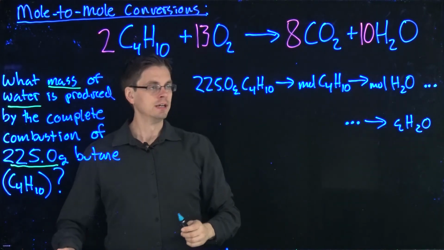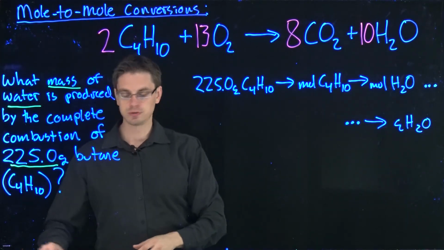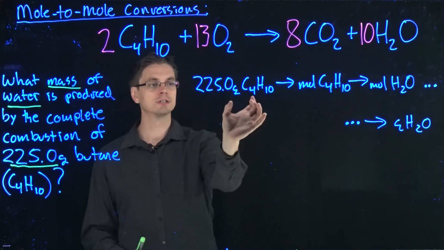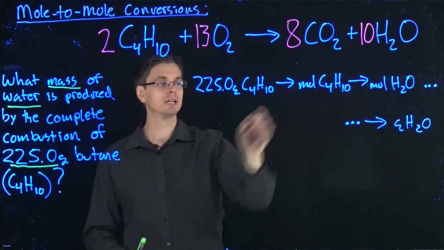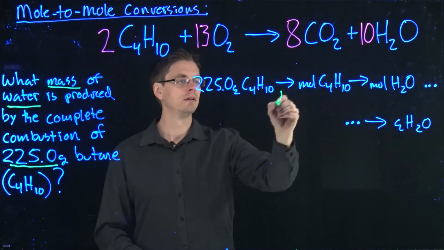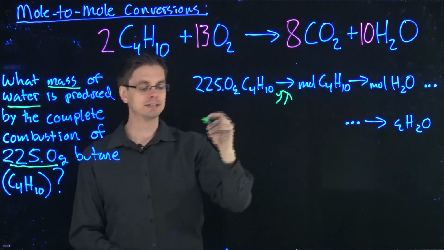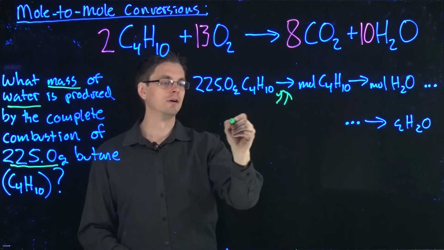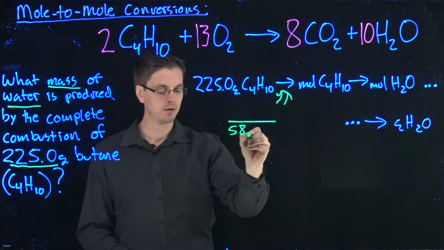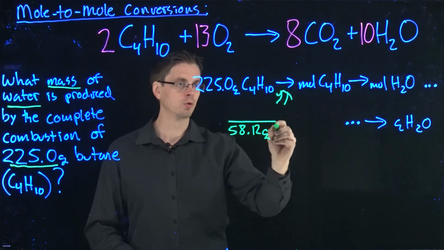Now, good news, we already know how to carry out these conversions, grams to moles. Converting a certain mass of substance into the number of moles of that substance is accomplished by using the molar mass. In this case, the molar mass of butane is 58.12 grams.